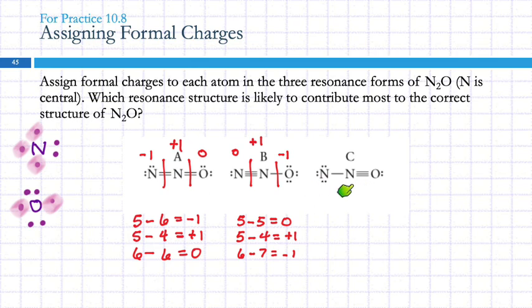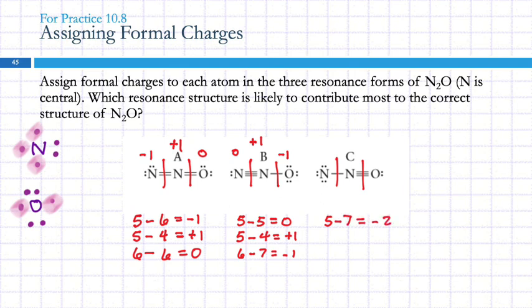Do any of these have 0 formal charge? No. This nitrogen has 1 bond, it wants 3. This one has 4, it wants 3. Oxygen has 3, it wants 2. So there's going to be formal charges all over the place here. The guy on the end brought 5, and how many is he leaving with? 7.